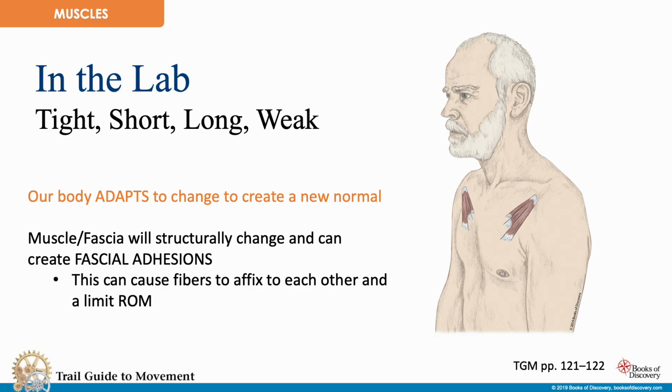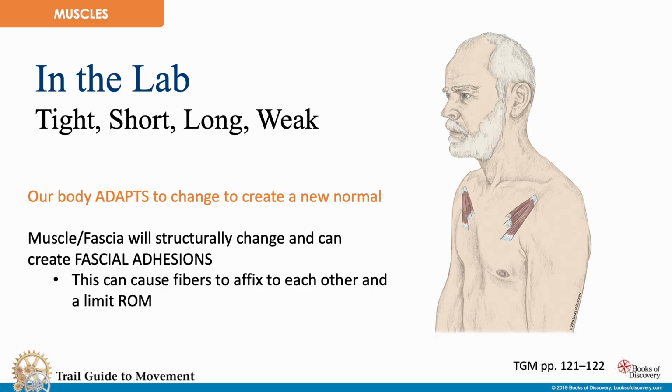So as a therapist, you can't just treat the part that hurts. Usually the long, weak back muscles are the ones screaming in pain, but the short, tight chest muscles are actually the cause of that. So when a muscle stays in one position for too long, the fascia, basically you can look at that like the plastic wrap coating, so it's like literally plastic wrap holding us in place, begins to structurally change.